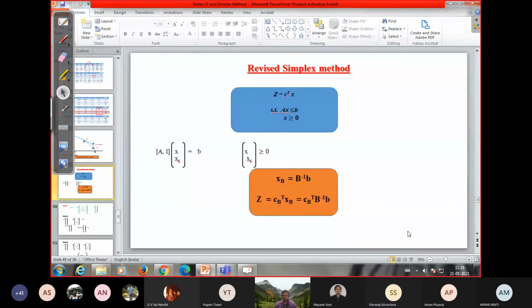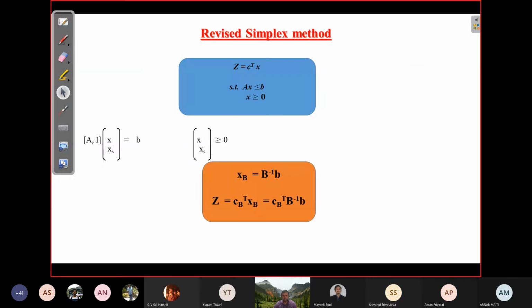So now I'll try to explain whatever we have done so far. The tabular method for the standard form, and the big M and two-phase methods for the non-standard forms. So by now we are able to deal with any type of constraint, be it equal to, greater than or equal to, or less than or equal to.